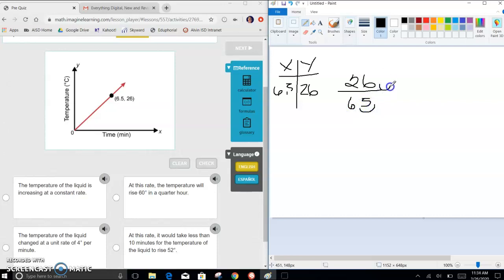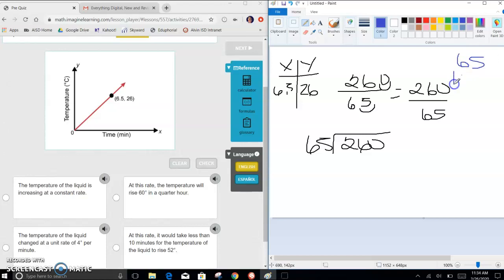Move my decimal over 1, move my decimal over 1. That becomes 260 over 65. 260 divided by 65. So let's write my multiples of 65 over here to the side. 65, 130, 195, 260, 325.